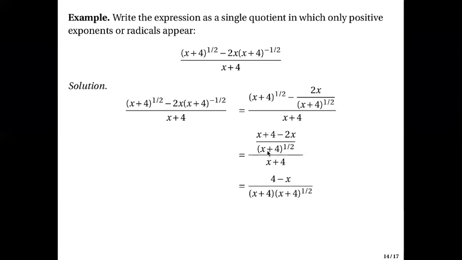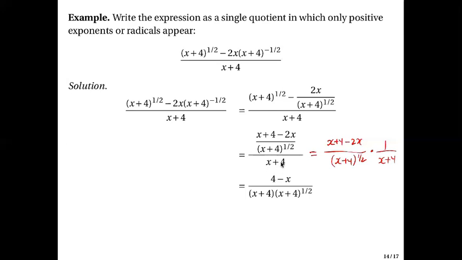And then this guy here, you will have x plus 4 raised to 1 half, and then you have your x plus 4. So if you don't see that immediately, this is simply x plus 4 minus 2x divided by x plus 4 raised to 1 half. You multiply this by 1 over x plus 4.